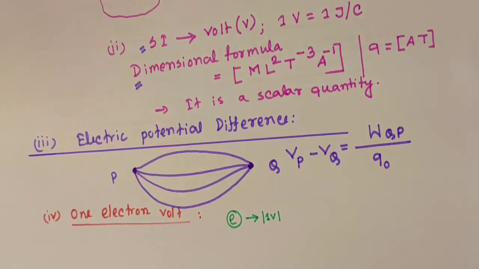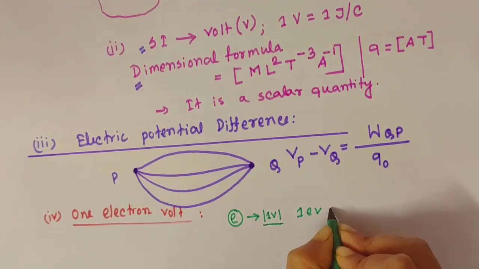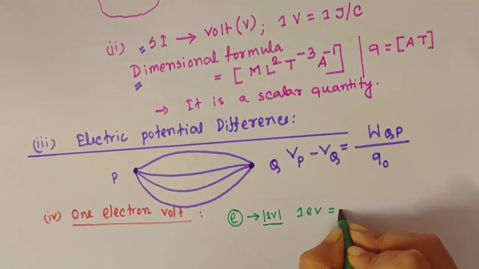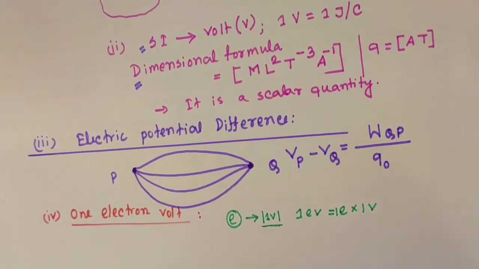I repeat, 1 electron volt is the energy equal to the work required to move a single elementary charge e, such as the electron or the proton, through a potential difference of exactly 1 volt. So from here we can write 1 electron volt is equal to 1 electron into 1 volt.